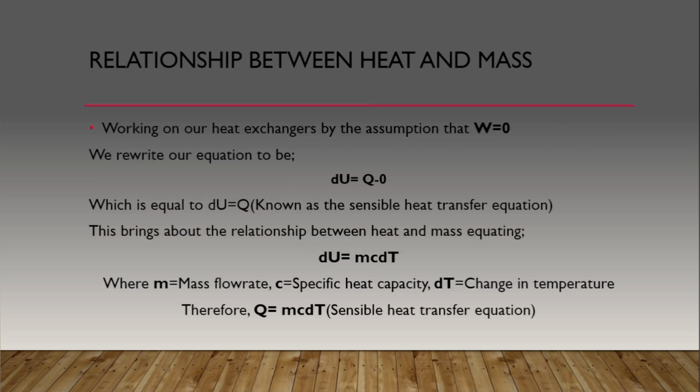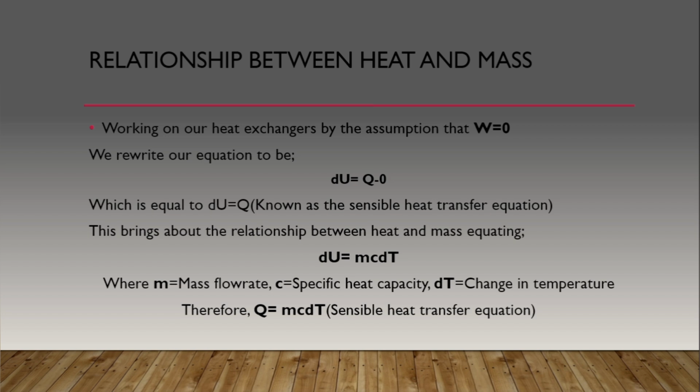Working with the assumption that the work done by our heat exchanger is 0, we write our equation as change in internal energy equals Q minus 0, and we get the equation called the sensible heat transfer equation. This brings about the relationship between heat and mass, which equates to change in internal energy equals mc change in theta.